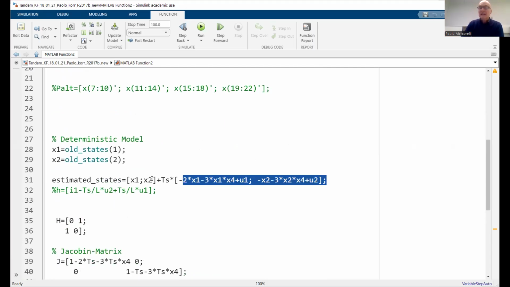And this here I copied exactly from my slides, in which everything on the right is the explicit form.